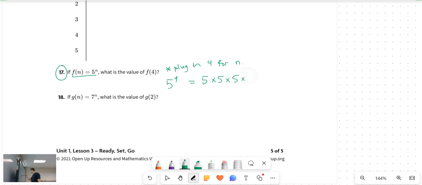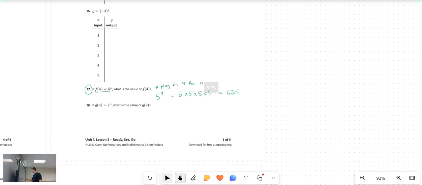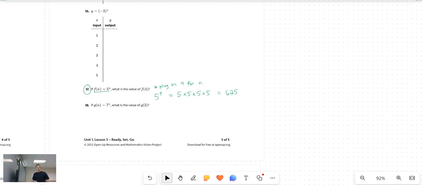It should be a total of 4 of them. All right, and we know that that is 625. We can do that on the calculator to check, but I'm very confident. All right, 625. And that wraps up this homework helper.